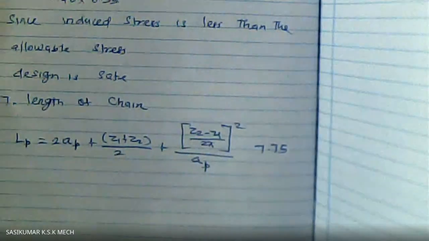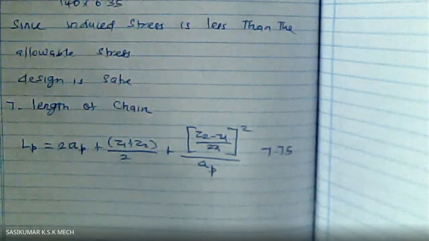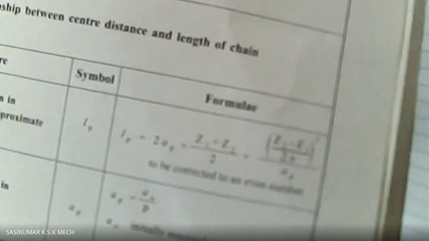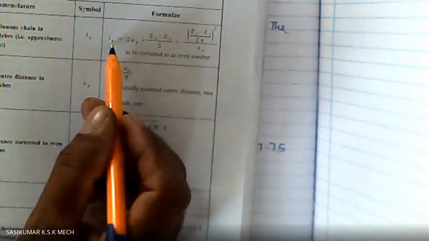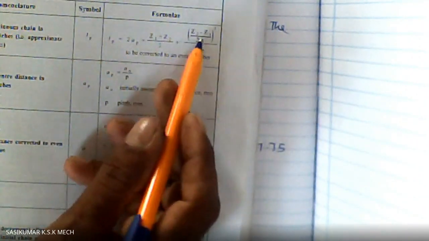If you look at page number 7.75, this relation is available. This is the relation for LP.